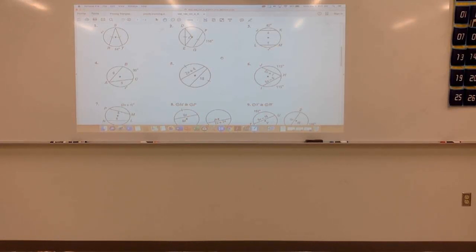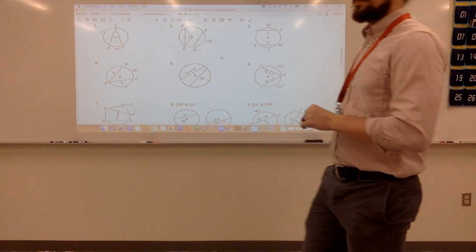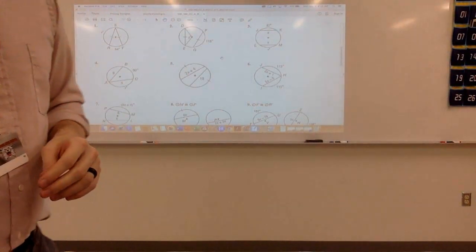What is the 4 supposed to be? What's the 4 mean? 4 is just telling you that these two things are equal.